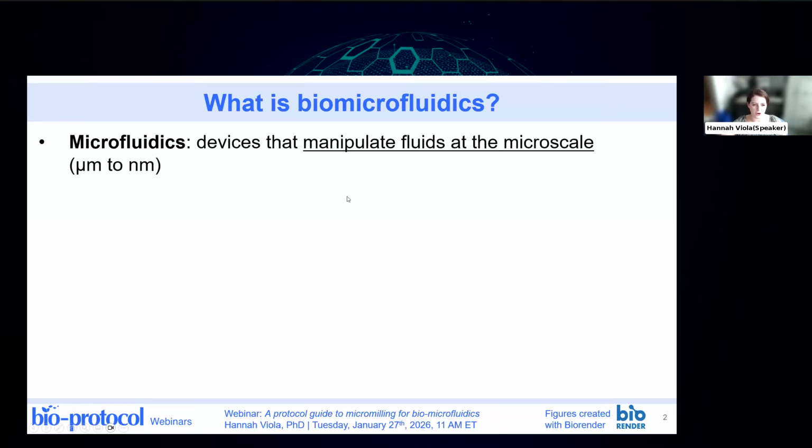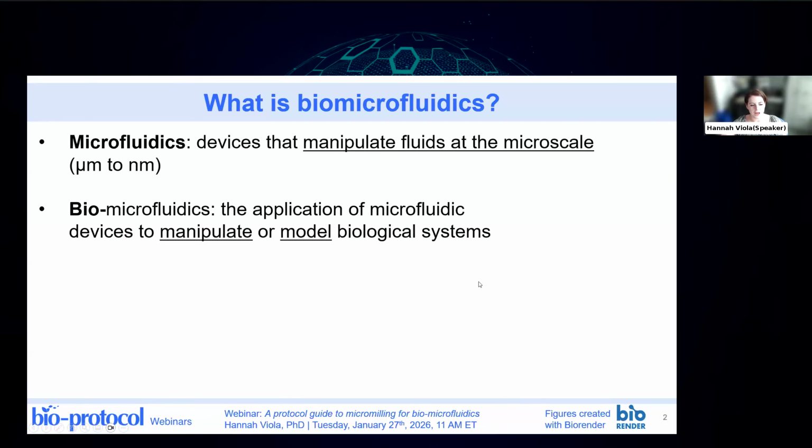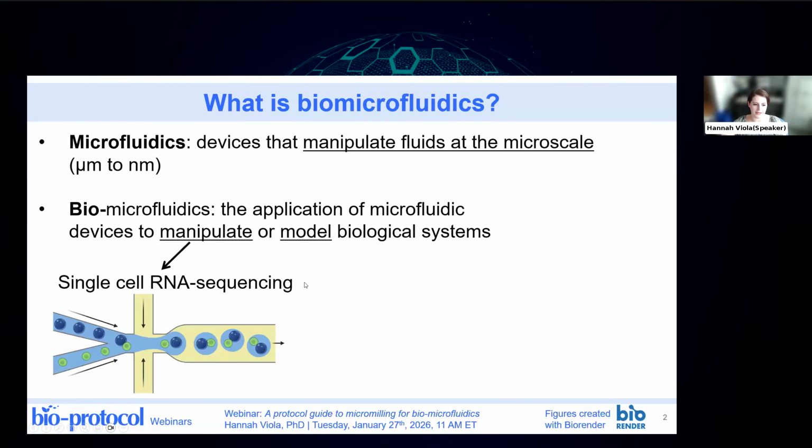So microfluidics are generally devices that will manipulate fluids at the microscale, so the scale of microns to nanometers. Biomicrofluidics is the application of these devices to manipulate or to model biological systems. That can include applications like single-cell sequencing, where we partition single cells with a bead, and that has made huge advances biologically for mechanistic studies.